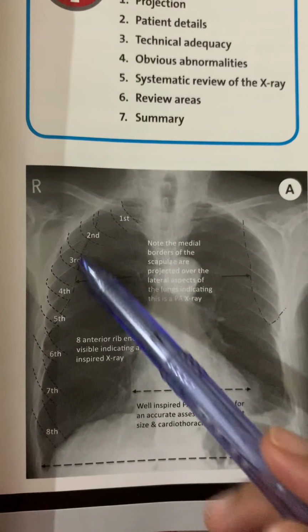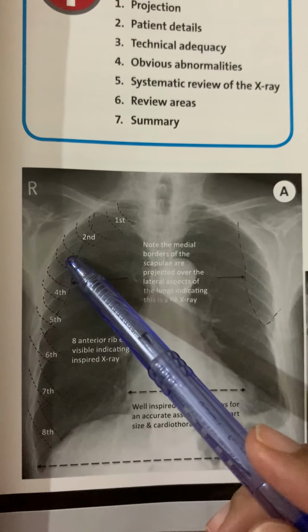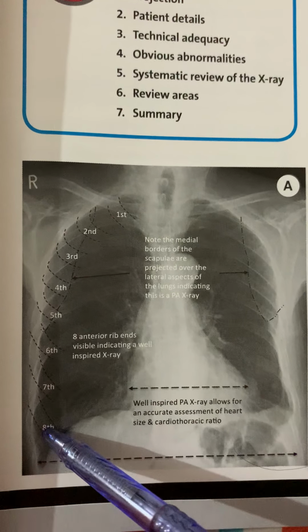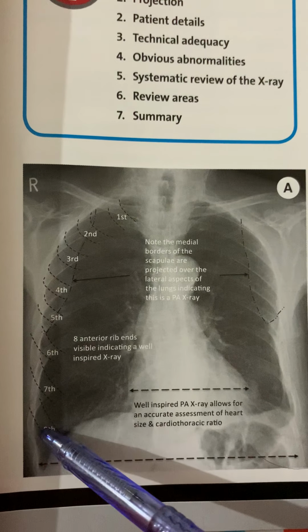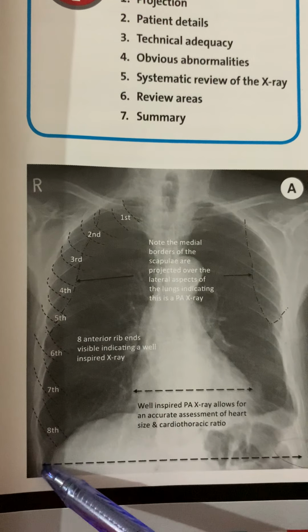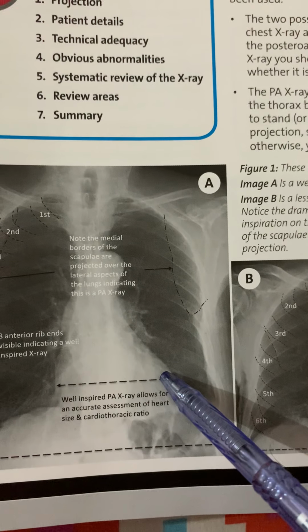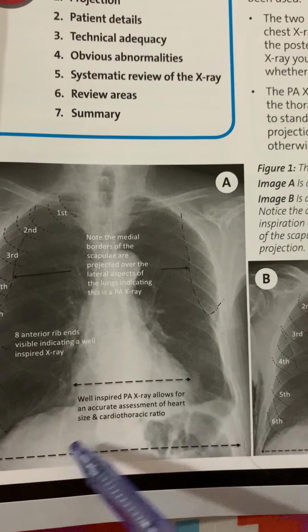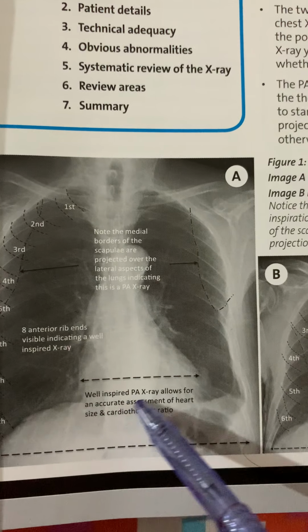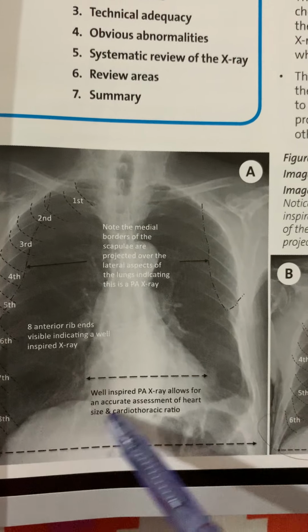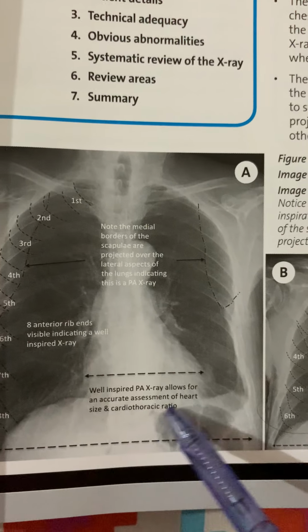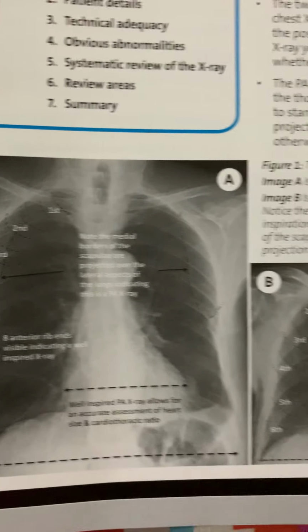If we count the ribs, 1st, 2nd, 3rd, 4th, 5th, 6th, 7th, 8th. 8 anterior ribs can be counted, and a well-inspired PA X-ray allows for an accurate assessment of the heart size and cardiothoracic ratio.